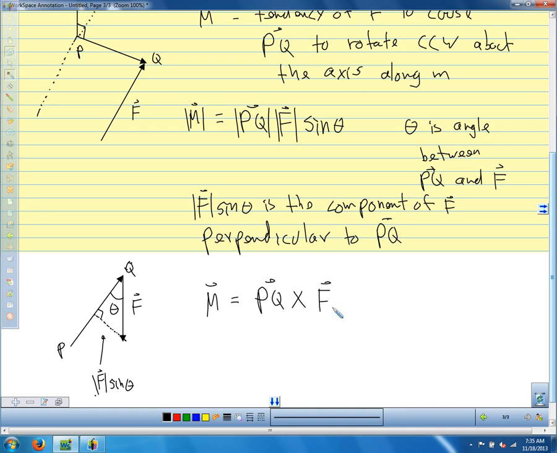The way you can think about torque is that the torque points in the direction that a right-handed screw would travel as you turned it in that direction. So if the torque is going into the page, your screw would go into the page, and if the screw would come out of the page, then your torque is going out of the page. It's one way to think about torque. Right hand rule, righty tighty, lefty loosey.